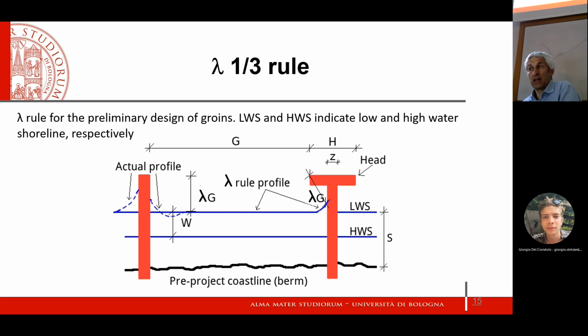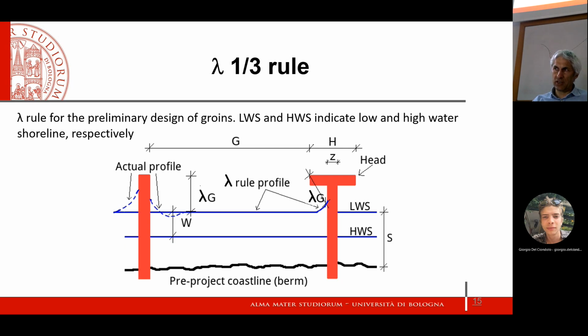So the low water shoreline will reach a position that is more shifted seaward, and the final end of the new low water shoreline along the body of the groin will be placed at the distance lambda G from the seaward extremity of the T. And what we have to expect downdrift is an increased erosion.